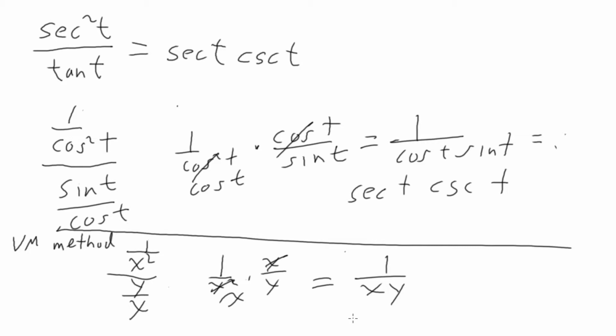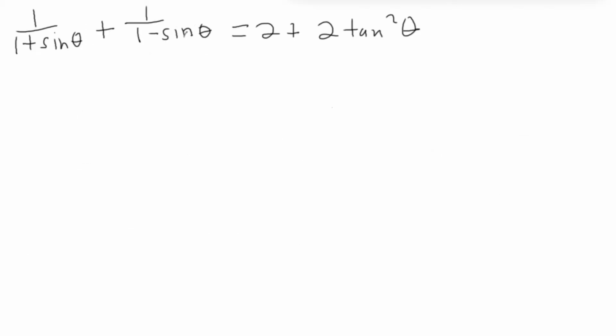There's your 1 over x, 1 over y. If you want to write it down as secant, cosecant, fine. And notice, not only was the Vedic faster, even though there was no special identity you had to really memorize, it was still so much simpler, cleaner, and faster.